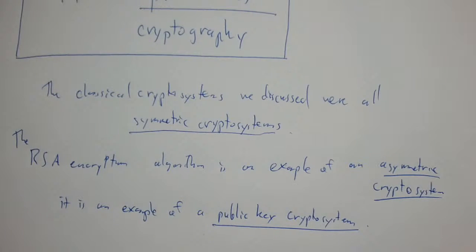So RSA is named after the three discoverers, co-discoverers I should say, whose last names spell out RSA. So that's where the name comes from. Before that, I think a year before, there was this paper by Diffie and Hellman.